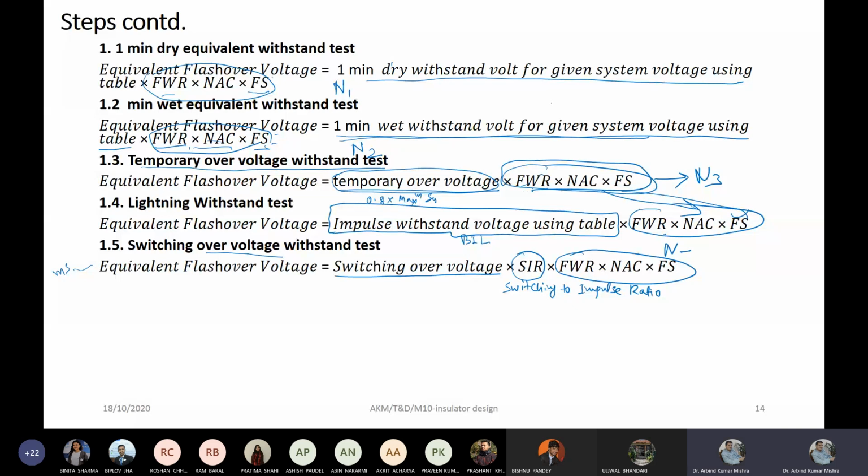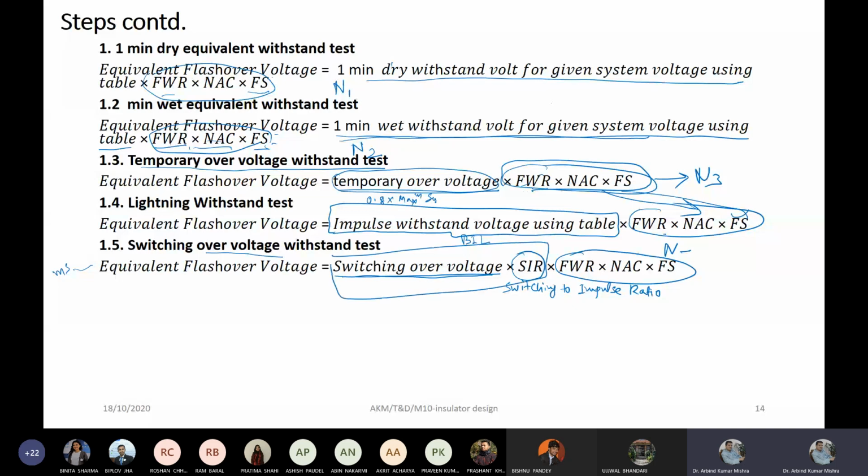As I have told you, the same insulator can withstand more lightning overvoltage or impulse voltage than switching overvoltage. So if only the impulse flashover test from the manufacturer is available, then you convert this switching overvoltage to the equivalent.